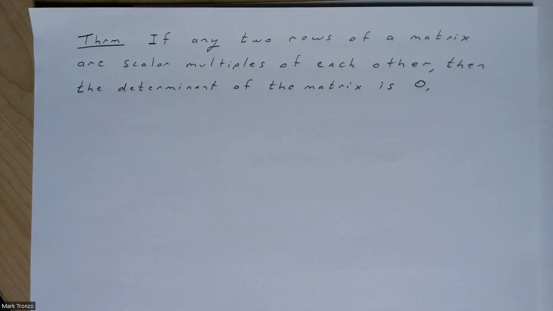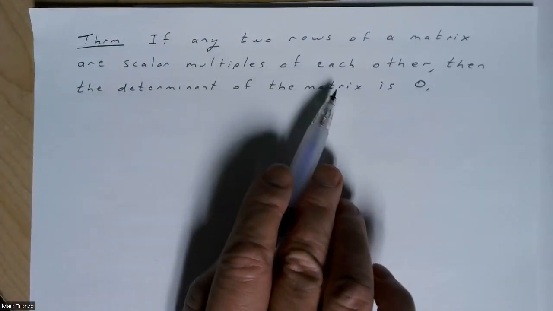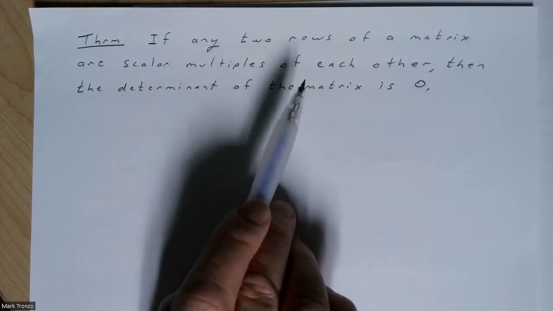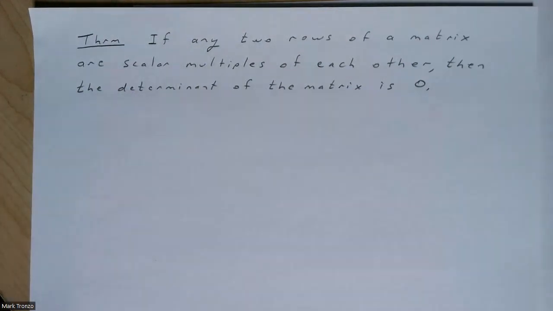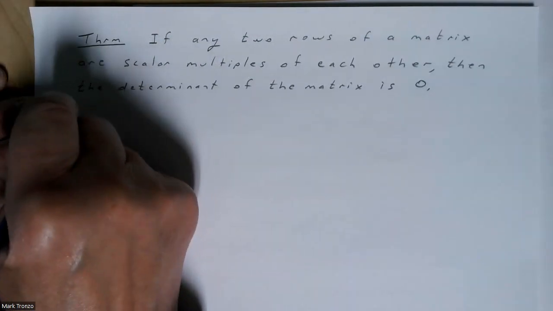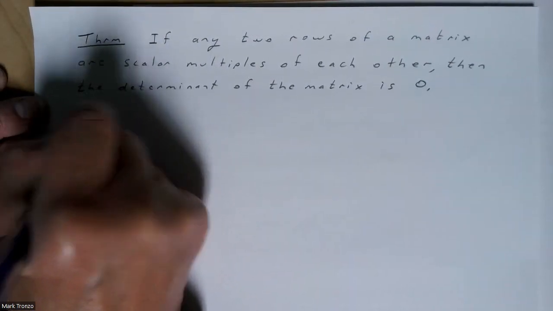And now from our last theorem that the determinant of A is the same as the determinant of its transpose, you could say the same thing about scalar multiples of columns. And so you don't have to write this separate theorem. Let me just write it down.